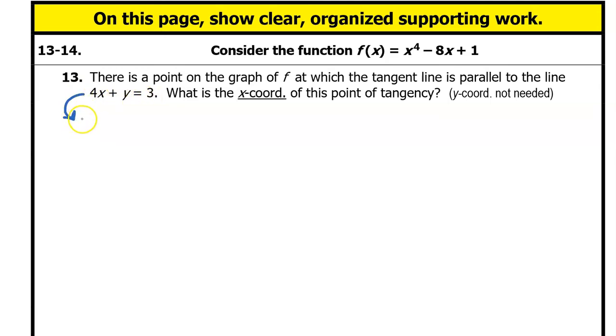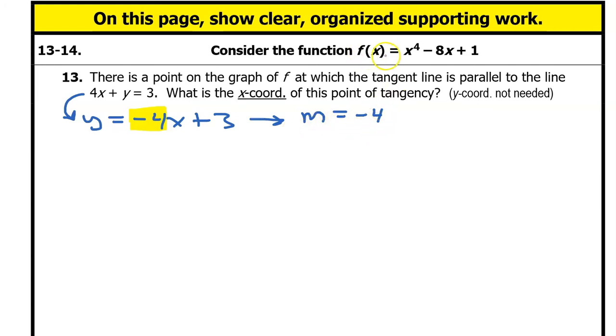Subtracting 4x from both sides, we have y equals negative 4x plus 3. In this form, we can tell that the slope of the tangent line is negative 4. So I'm just going to write m equals negative 4. So this is the slope of the tangent line.